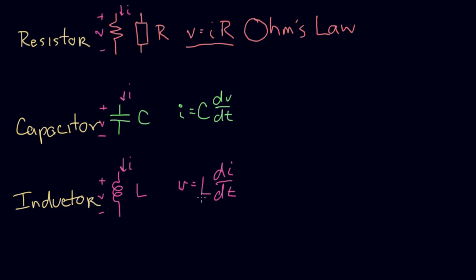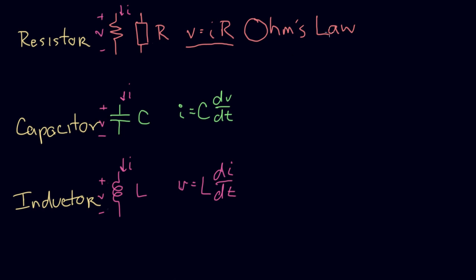The proportionality constant is the inductance of the inductor, and this is the time rate of change of the current flowing through the inductor. So this gives us our three equations.